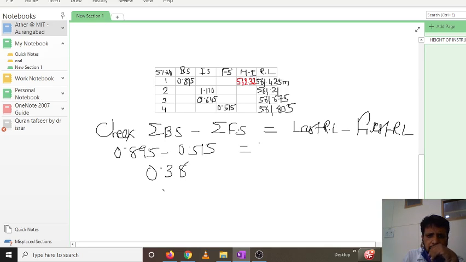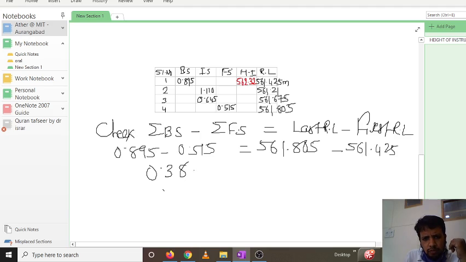In the same fashion, last RL is 561.805 minus 561.425. This is also equal to 0.38.